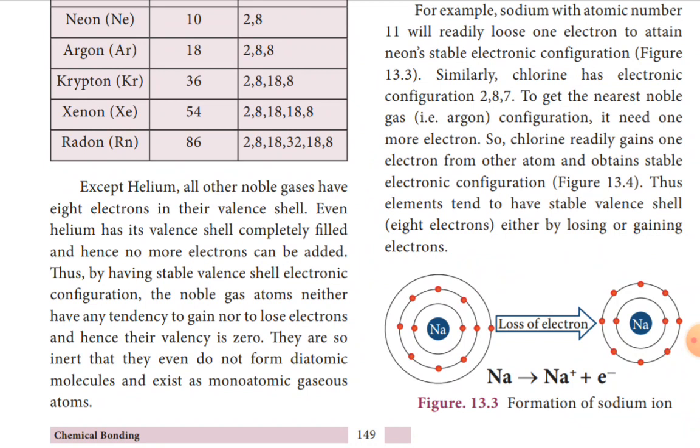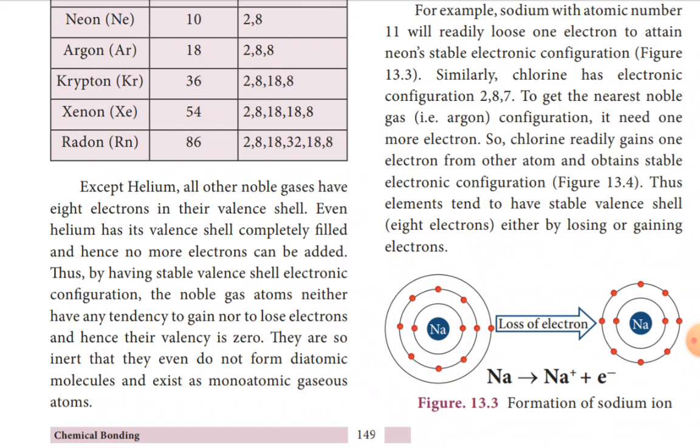So these noble gases will not donate, gain or share electrons. So their valence is always 0. They will not have the tendency because they are already in a stable electronic configuration. They have satisfied the rule of 8.